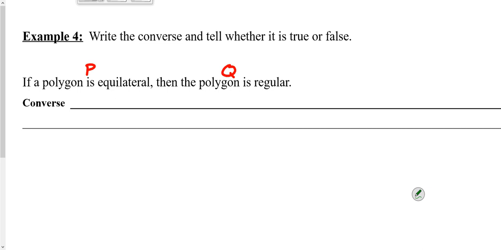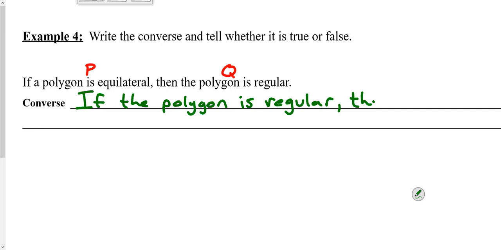So we'll say if the polygon is regular, then the polygon is equilateral.